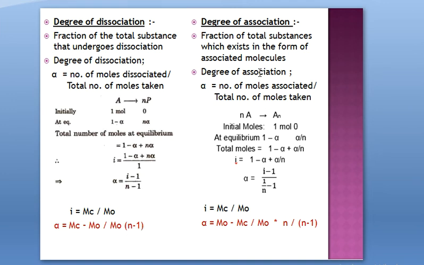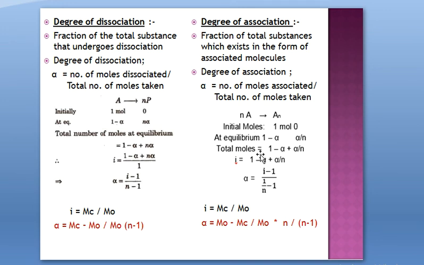Similarly, in solutions in which the solute undergoes association, you should be able to define the degree of association as the fraction of total substance which exists in the form of associated molecules, and mathematically that alpha will again be equal to the number of moles associated divided by the total number of moles taken. For example, you're taking n moles of A, they get associated into A_n.